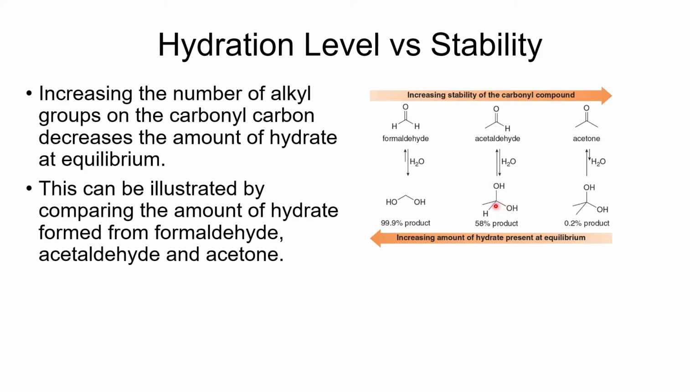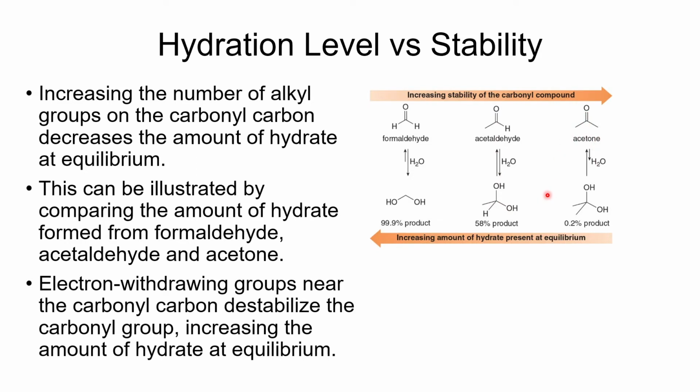Although with acetaldehyde, that's still a significant amount. And then if you have acetone, which has two alkyl groups, the two alkyl groups will make it so that hardly any of it, only a small fraction of a percentage, is in the form of the hydrate. So it really depends on what's attached. Formaldehyde does it the most.